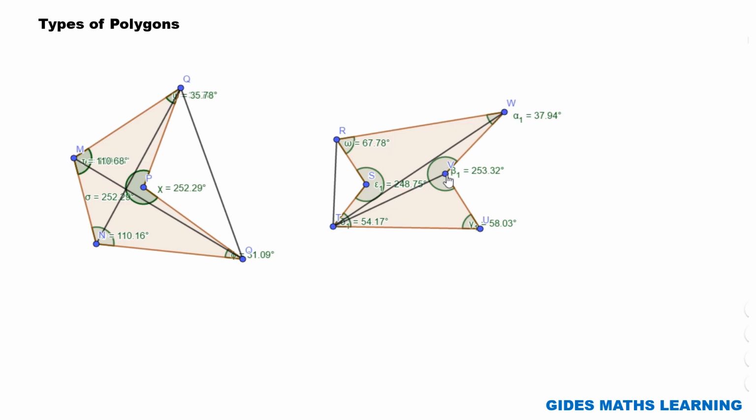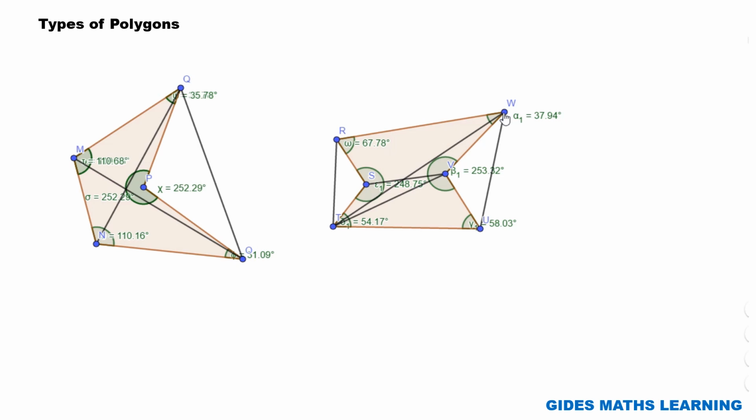But diagonal from U to W will lie outside the polygon. So another property of a concave polygon is that at least one of its diagonals lies outside the polygon.